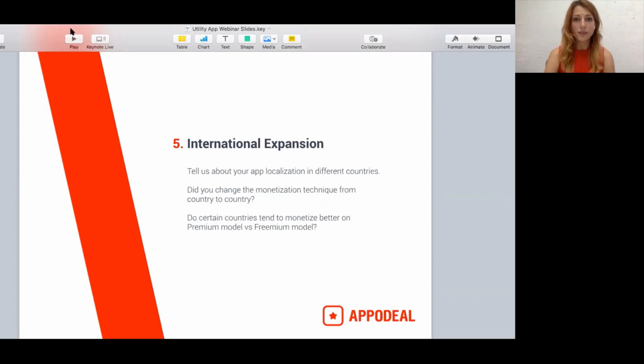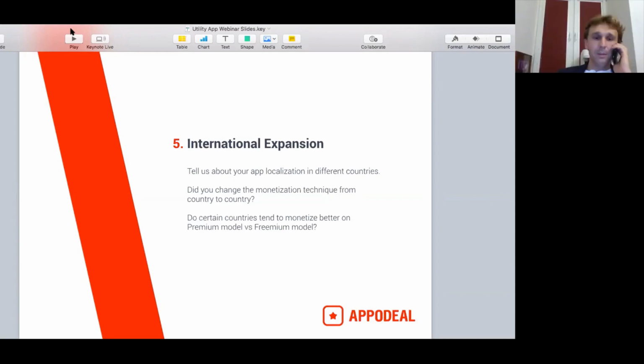Kamil, can you share a little bit of your experience in that area? Yeah, so Shopping List is a basic app, but still the localization is not easy because translation alone doesn't do the work. Translation is maybe 10% of what you should do, or less.